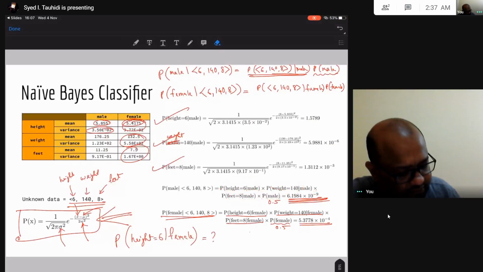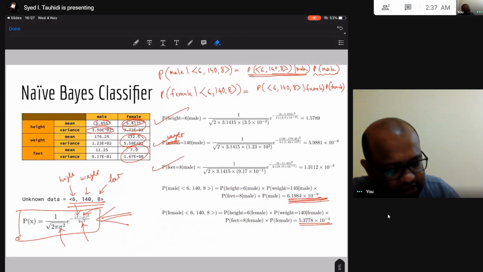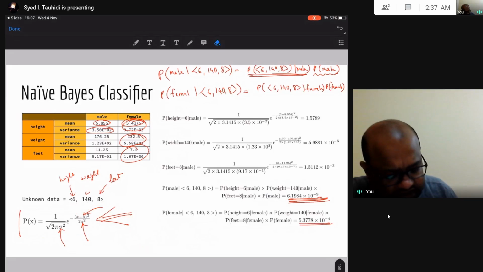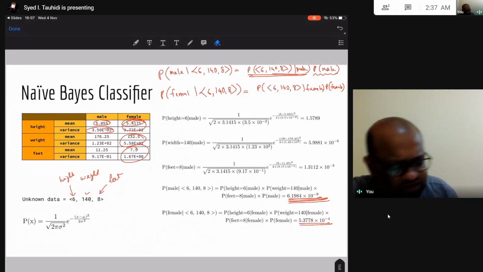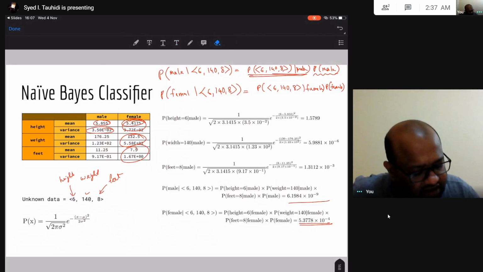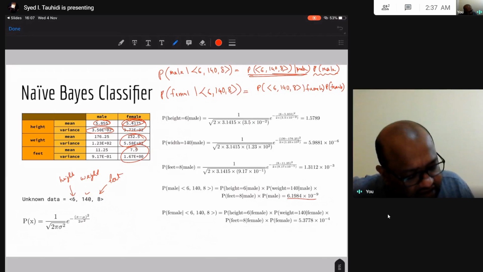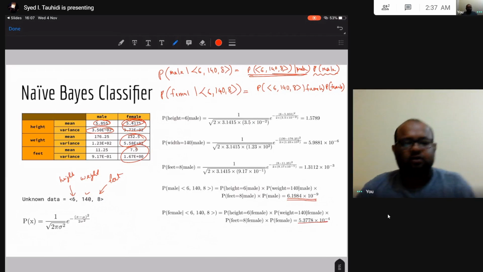So now I have calculated this numerator. I did not calculate the denominator, I did not calculate the exact probability, but I have calculated the numerator of the Bayes formula.